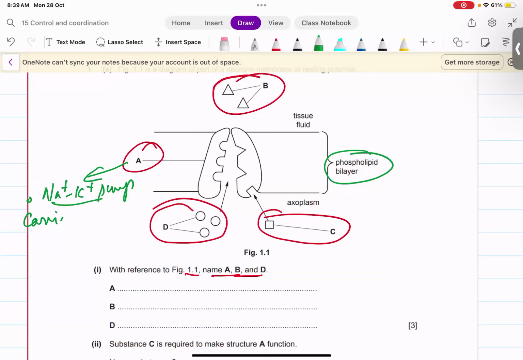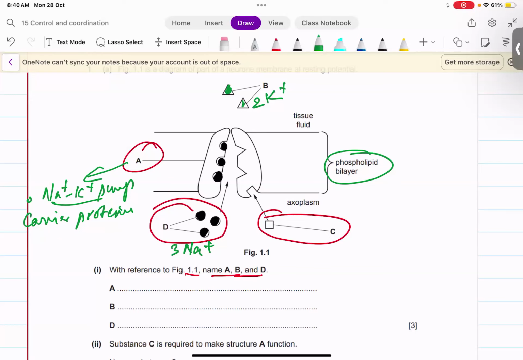And here you see there are 3 molecules represented which bind at this site, and they are moved out of the cell. So these should be the sodium ions. And then here you see 2 molecules shown. So these should be the 2 potassium, and this is 3 sodium.